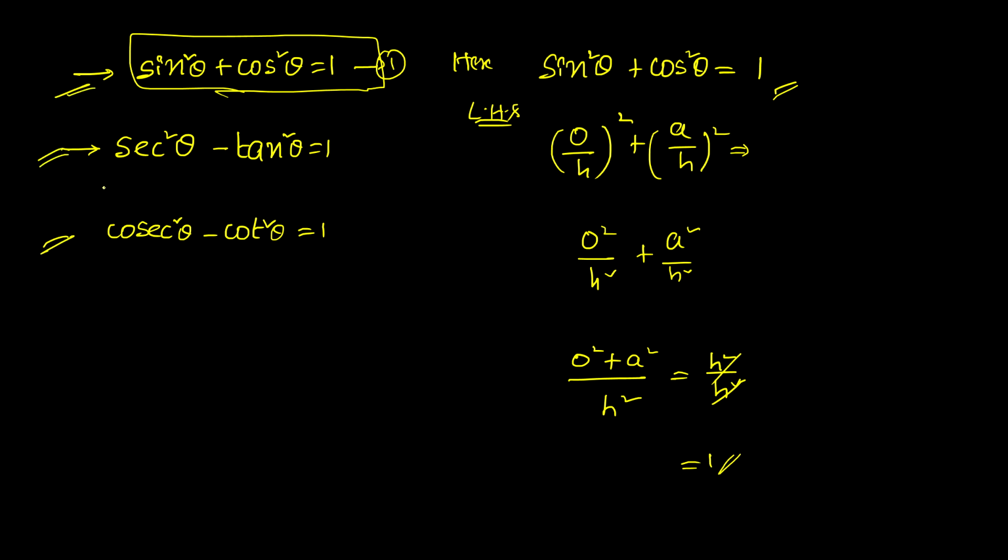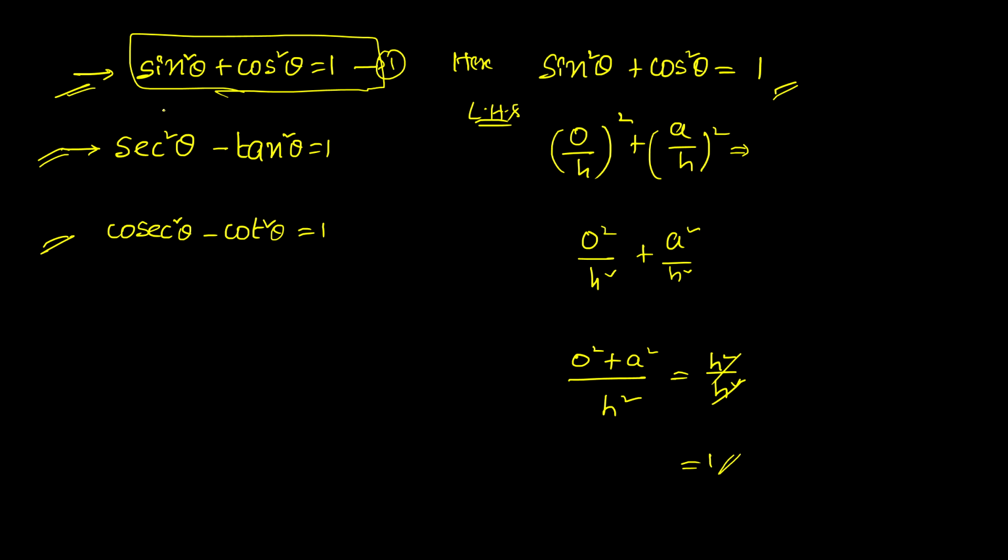These are the actual proofs which are referred from a standard book, so no need to worry about all these things. These are very important, and one should keep them in mind for solving any equations involving trigonometry.